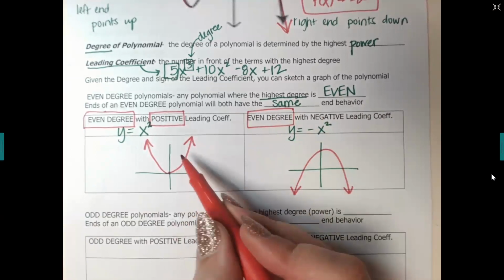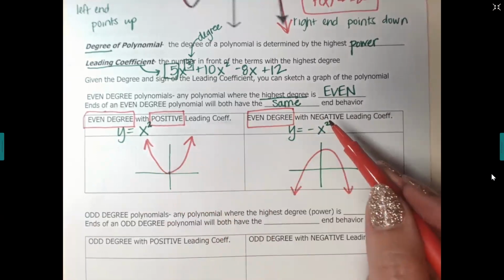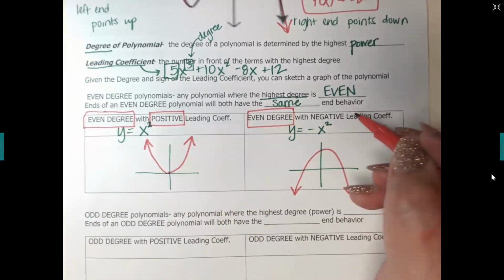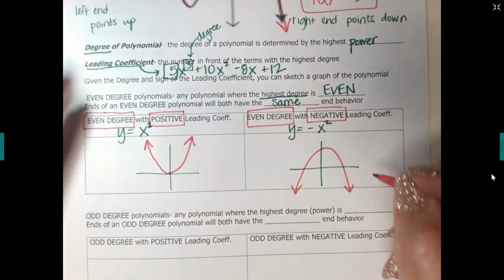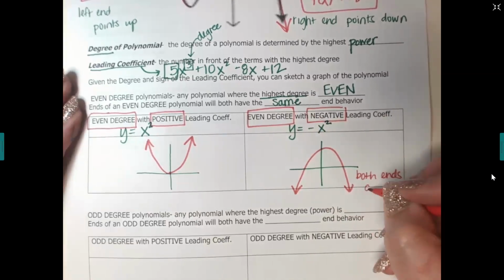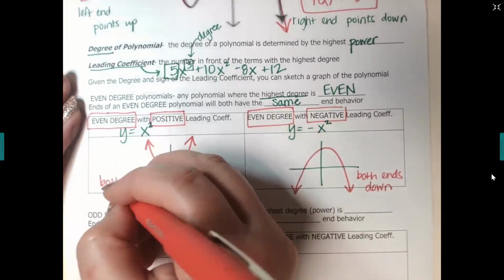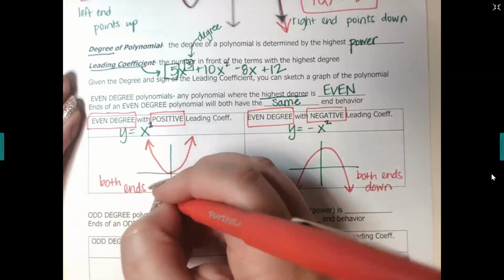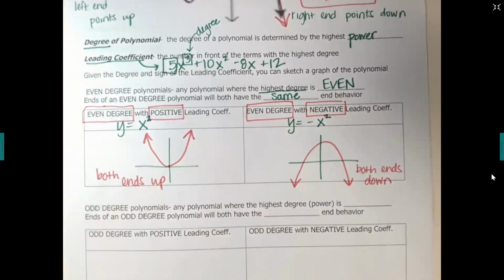They're both pointing up if your leading coefficient is positive, or they're both pointing down if your leading coefficient is negative. So I'm going to put both ends down, versus this one is both ends up. Even means that your ends stick together. Positive means they're both up. Negative means they're both down.